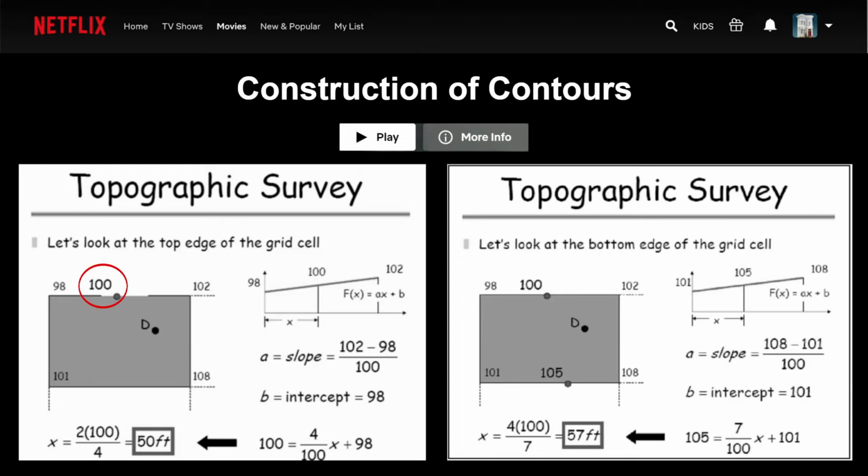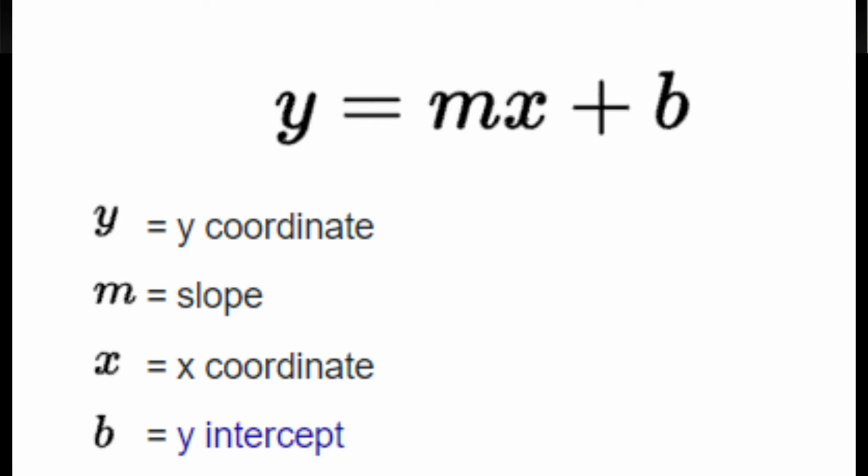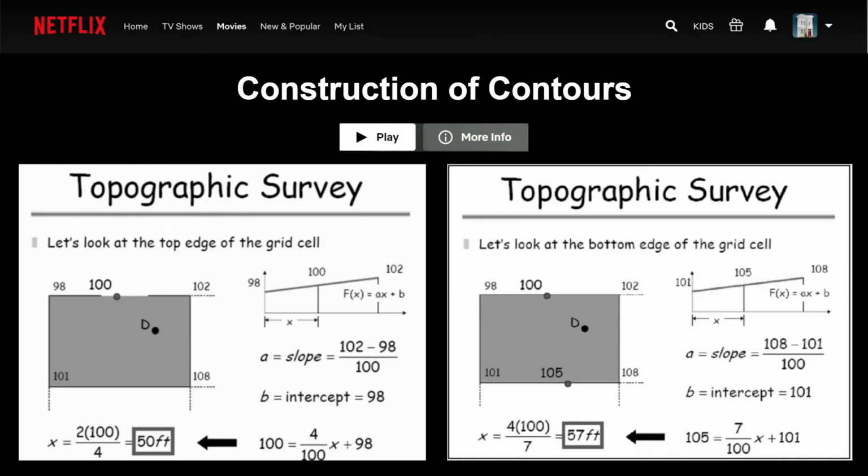So first, we start off with 100. If we estimate where 100 will be, it will be in between 98 and 102, or in the middle part. After estimating where the 100 will be, we will now solve for the horizontal distance from the 100 checkpoint to the 98 checkpoint using the slope intercept form, or the linear interpolation form, which is y equals slope times x plus b, where b is the y-intercept.